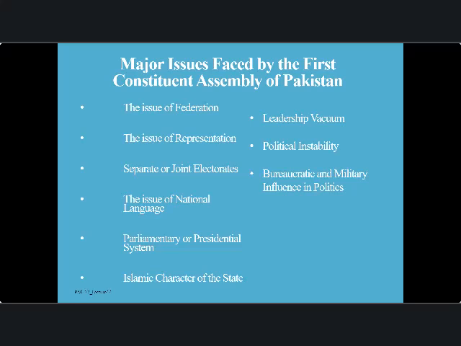The civil services inherited from the British often acted as a stronghold of power, guiding or obstructing political decisions, while the military, seen as a guardian of national security, increasingly involved itself in governance. Their influence created a climate of political coercion and instability, as elected representatives were frequently constrained or overruled. This interference delayed consensus on key constitutional issues.